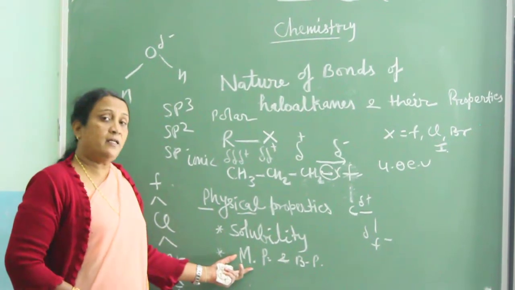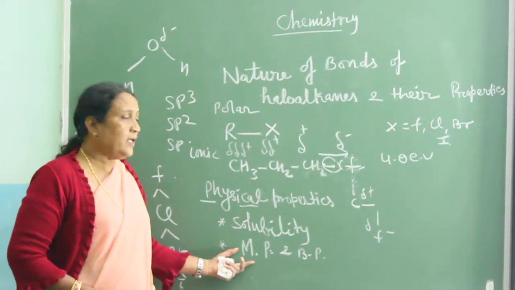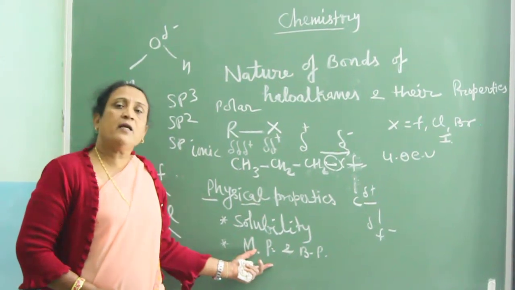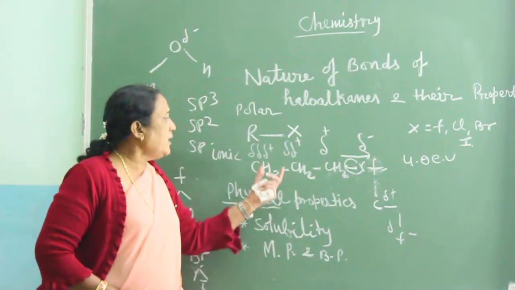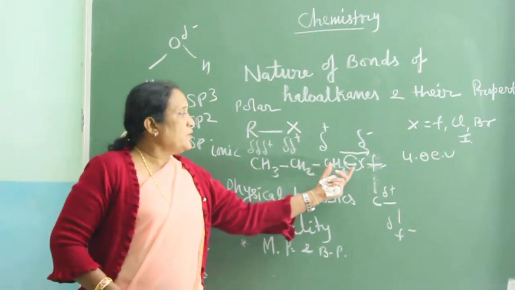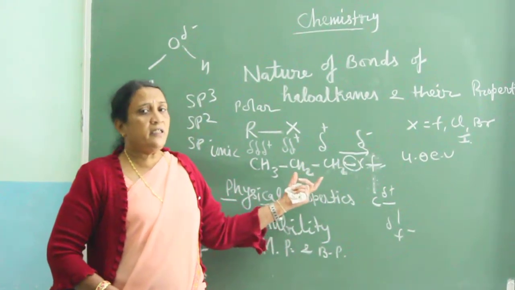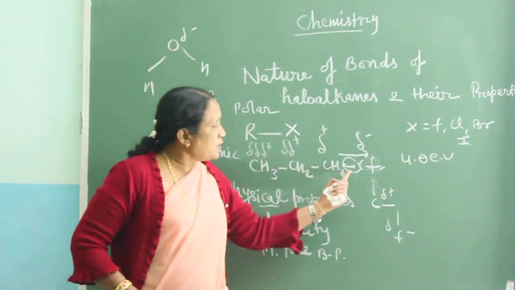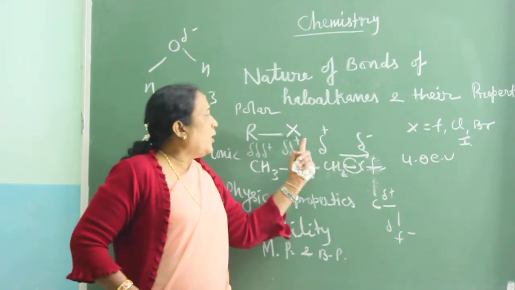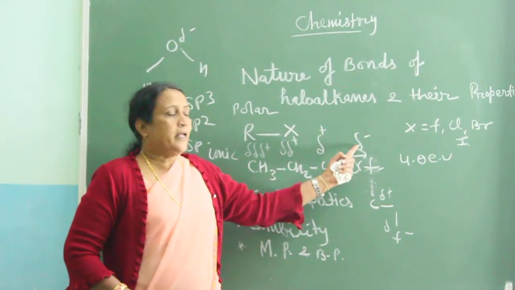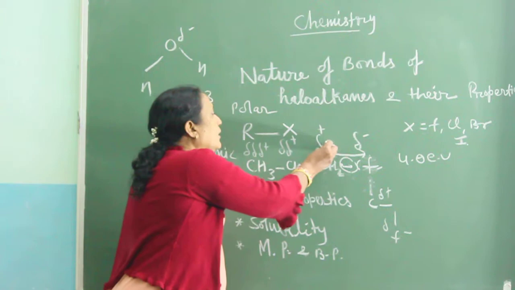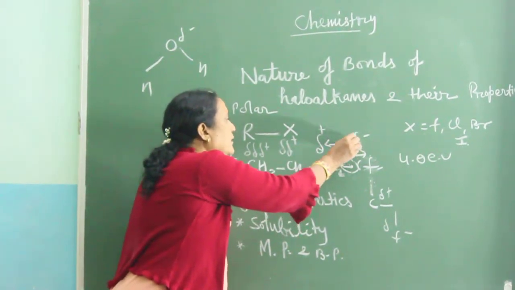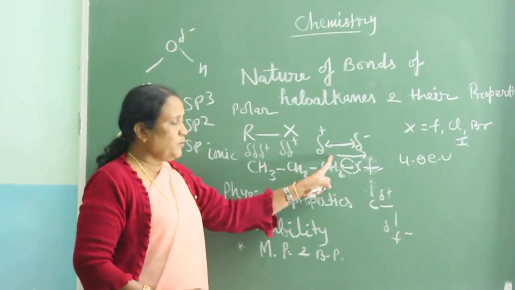Another property of haloalkanes is melting and boiling point. You are seeing here, these compounds are supported by three kinds of bonds. One is covalency, then polarity is developed and opposite charge is there, and due to this opposite charge, they attract, which is the second bond.